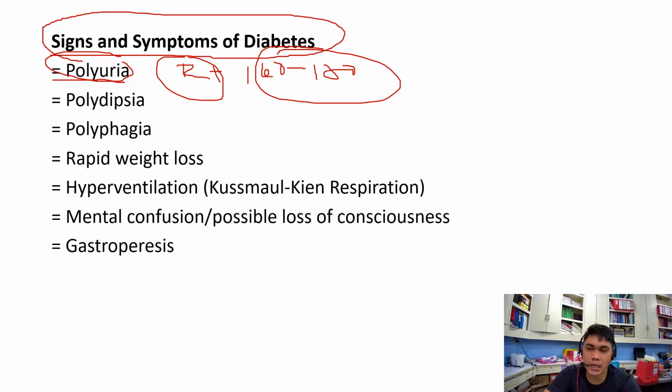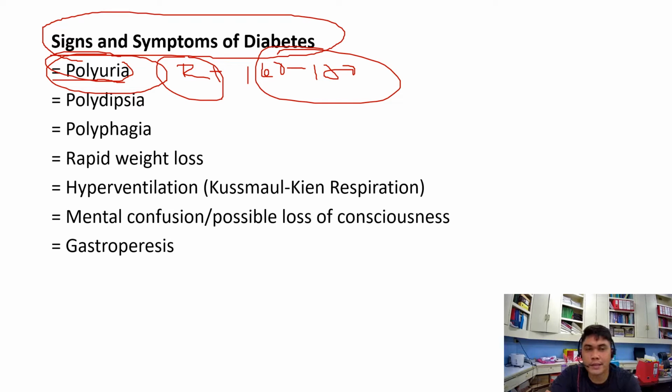So once the glucose concentration reaches 160 to 180, the body will try to eliminate the excess glucose via urination. So that's why there is polyuria in diabetes mellitus.